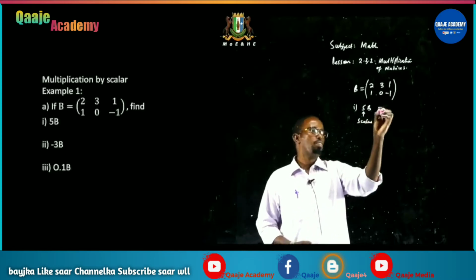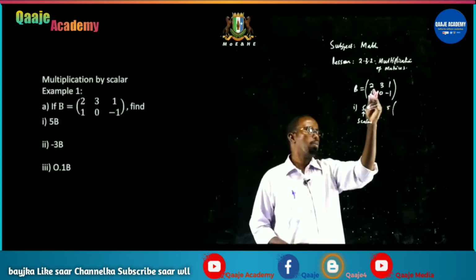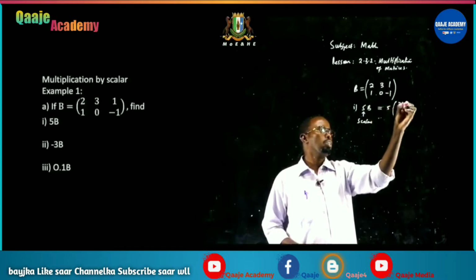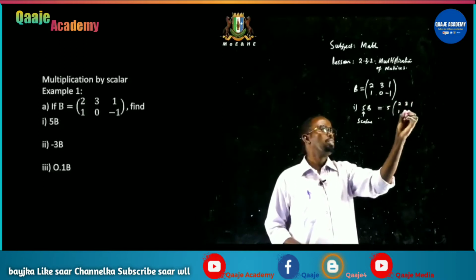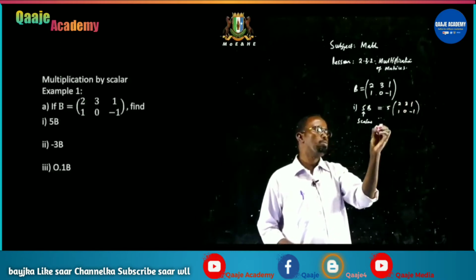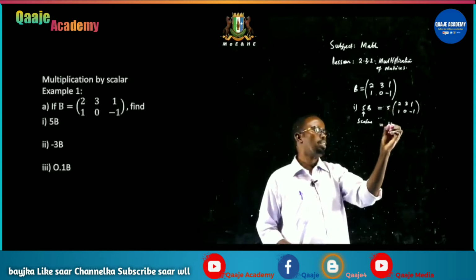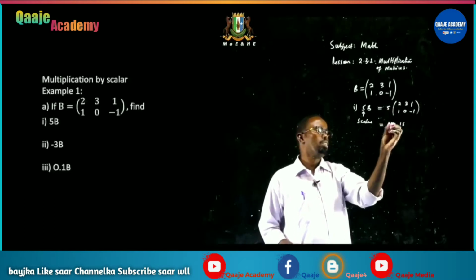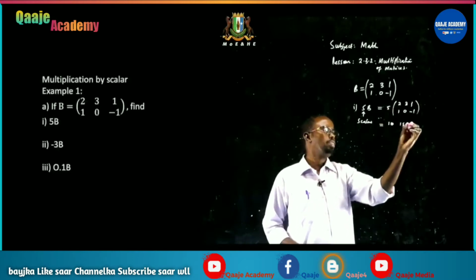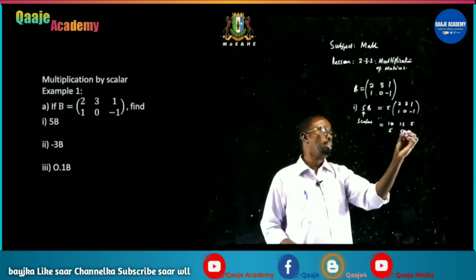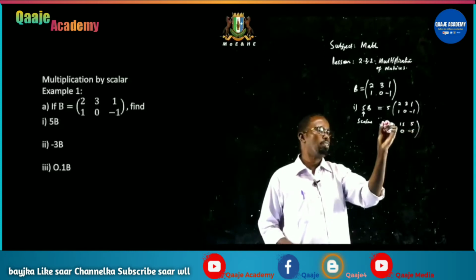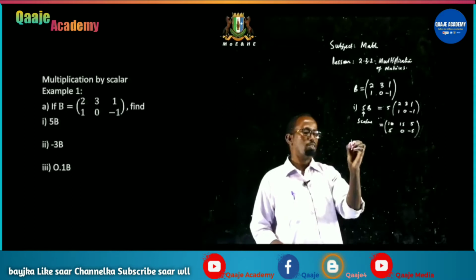You put 5 outside and multiply by each entry. So that is 10, 15, 5, and then 5, 0, -5. That is the final answer.